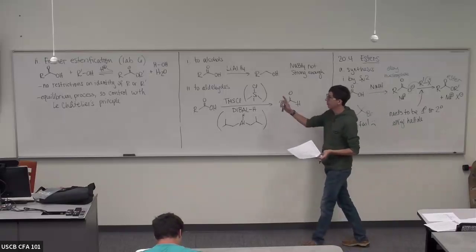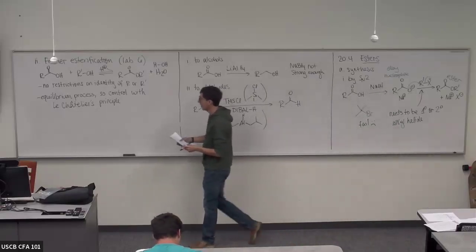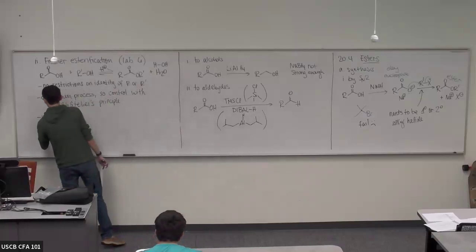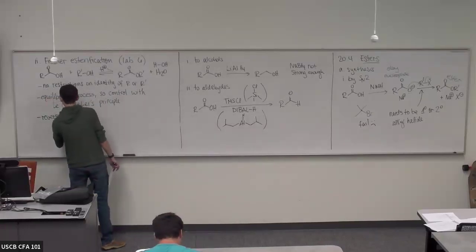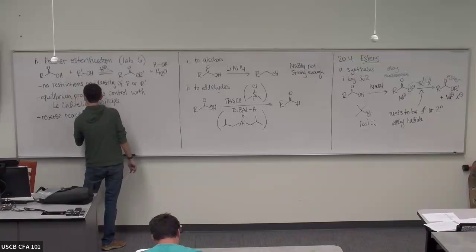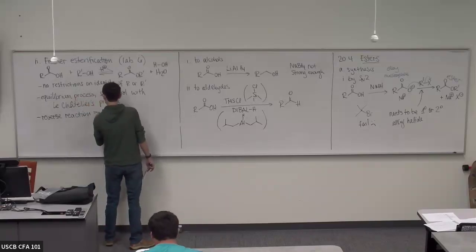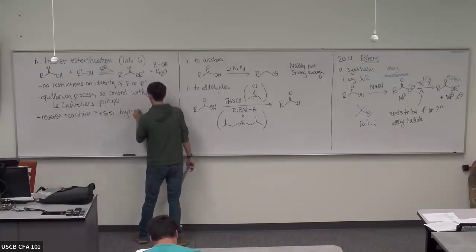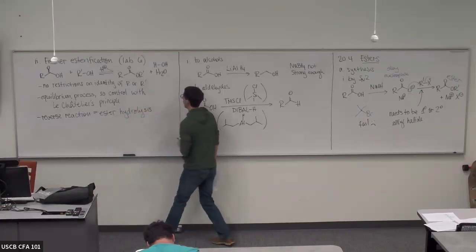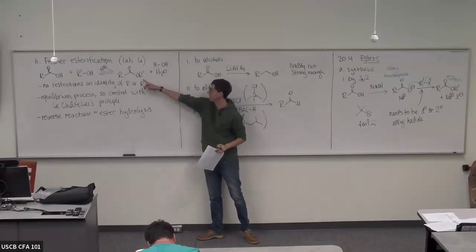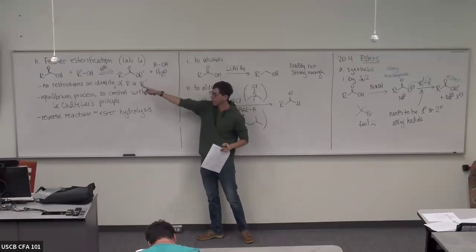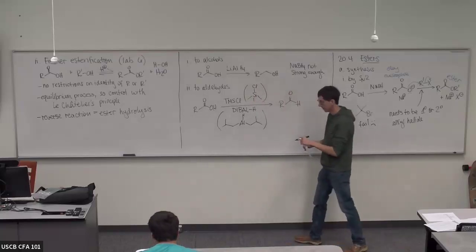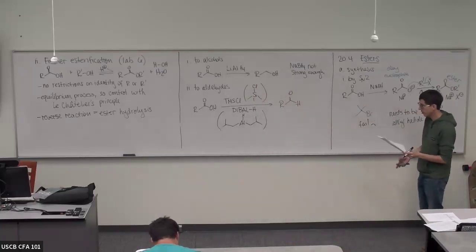And for this particular reaction, the reverse also has a name. And that is ester hydrolysis, because we are reacting an ester with water, that way to form a carboxylic acid and an alcohol.